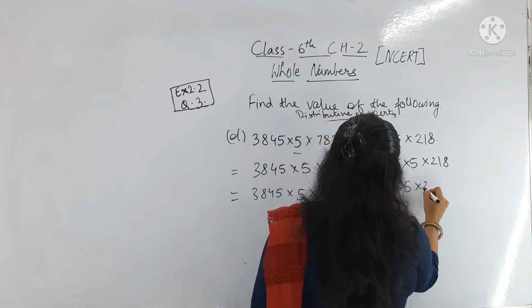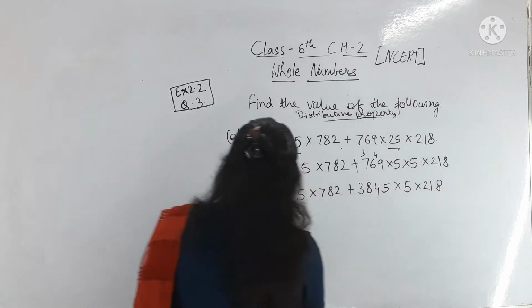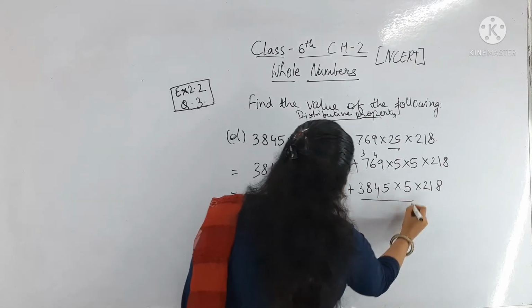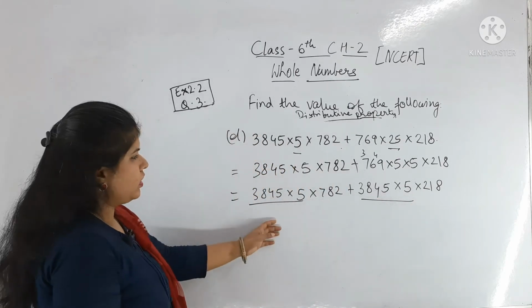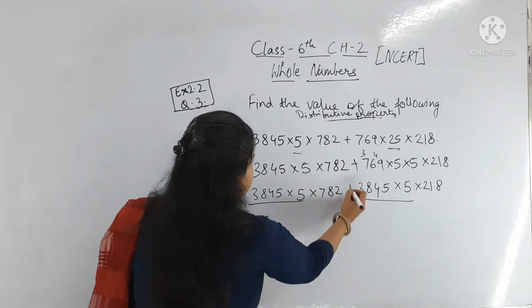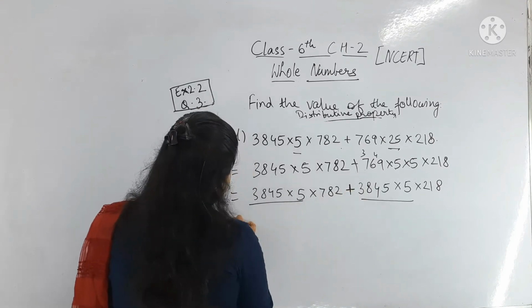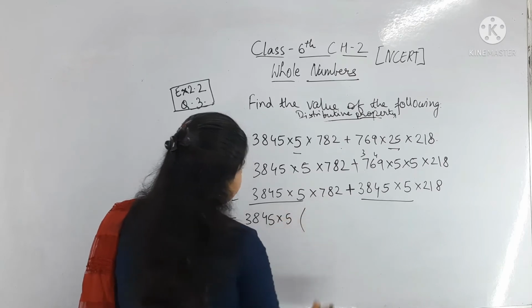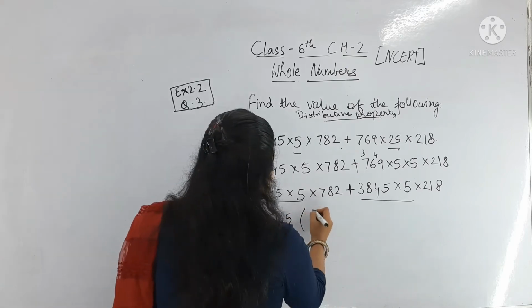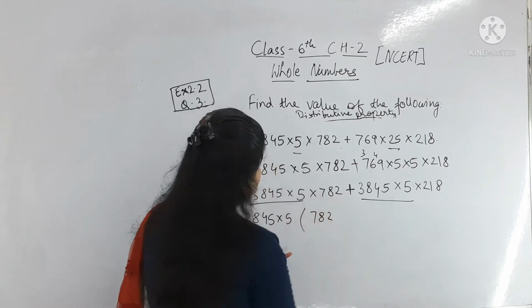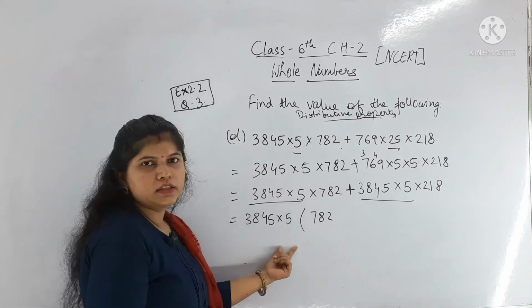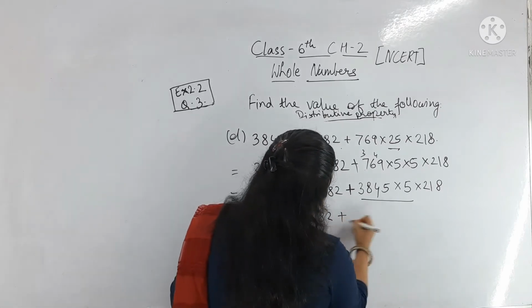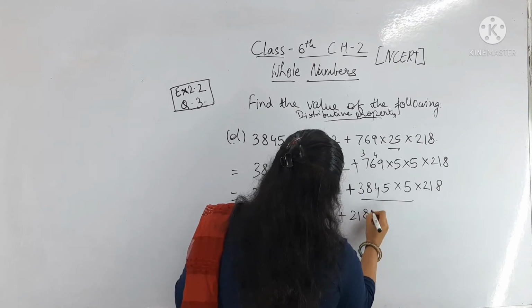So 38 into 5 into 218. You can see that this number and this number are common in both. So 3845 into 5, and what is left? In the bracket 782 plus 218, where you apply the distributive property.